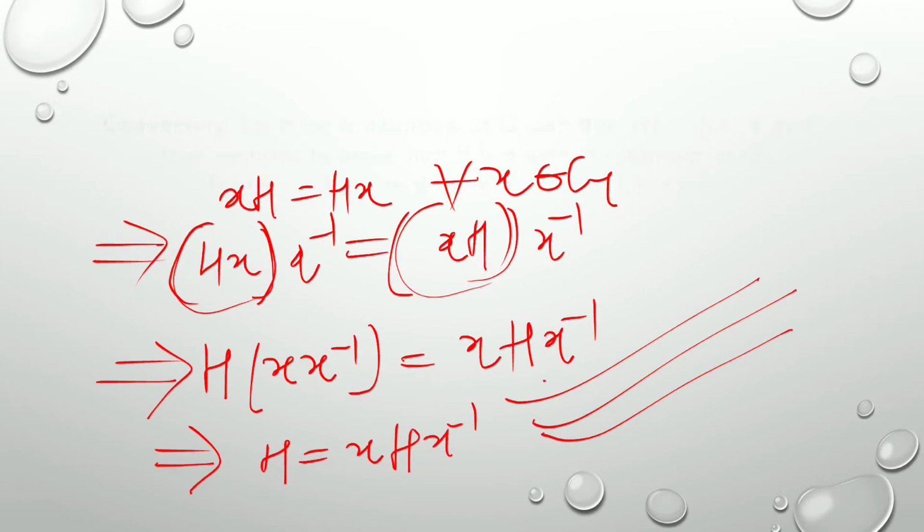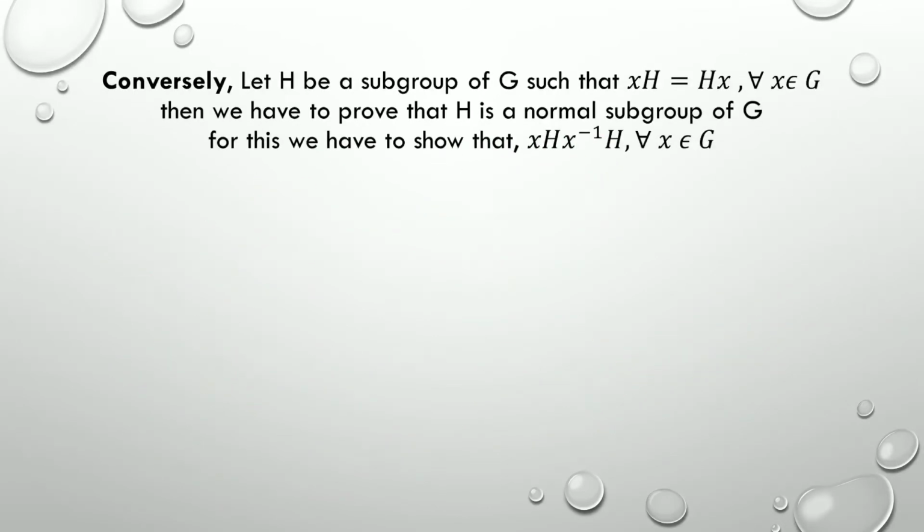Then conversely, let H be a subgroup of G such that xh is equal to hx for every x belongs to G. Then we have to prove that H is a normal subgroup of G. For this we have to show that x h x inverse is in H for every x belongs to G. How do we show it?